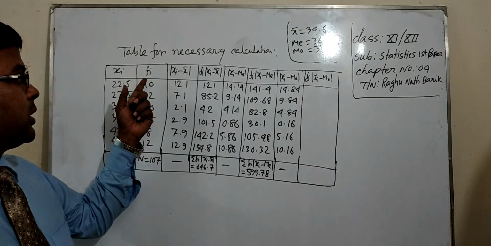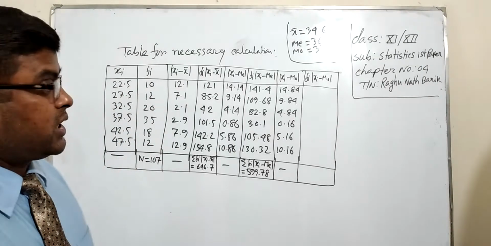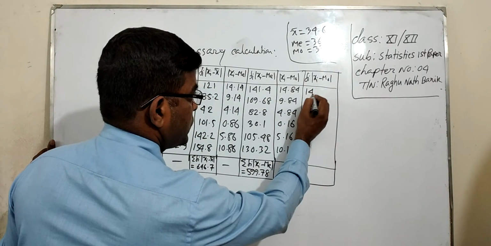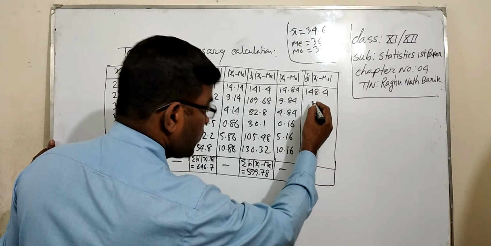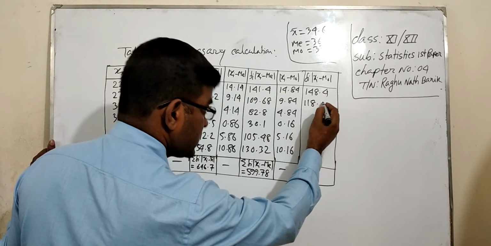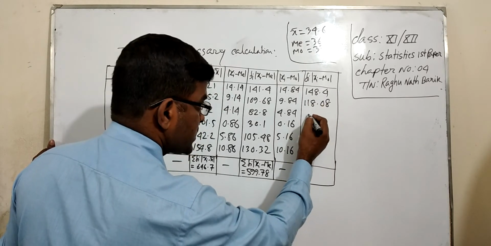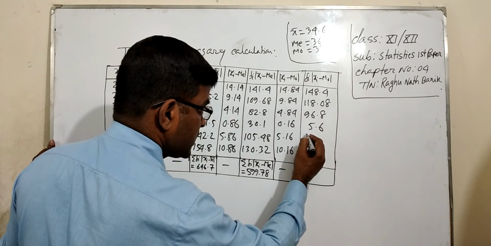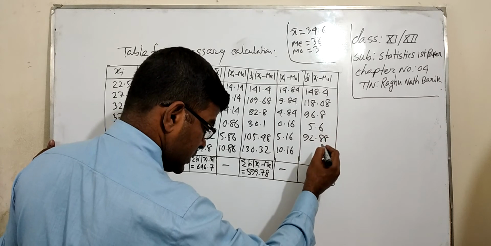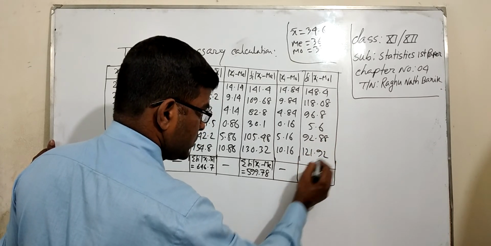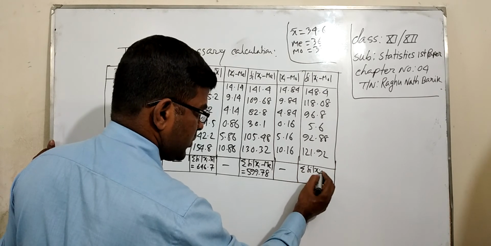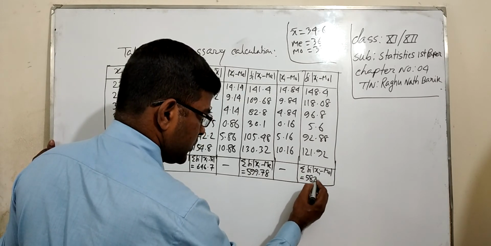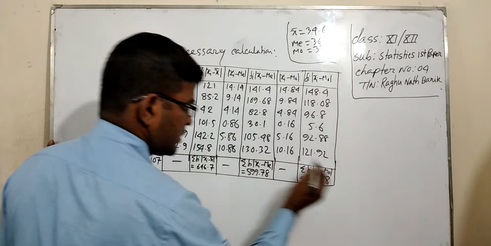Multiply Fi into modulus of Xi minus mode. The values are 148.4, 118.08, 96.8, 5.6, 92.88, and 121.92. Summation Fi modulus Xi minus mode equal to 583.68.